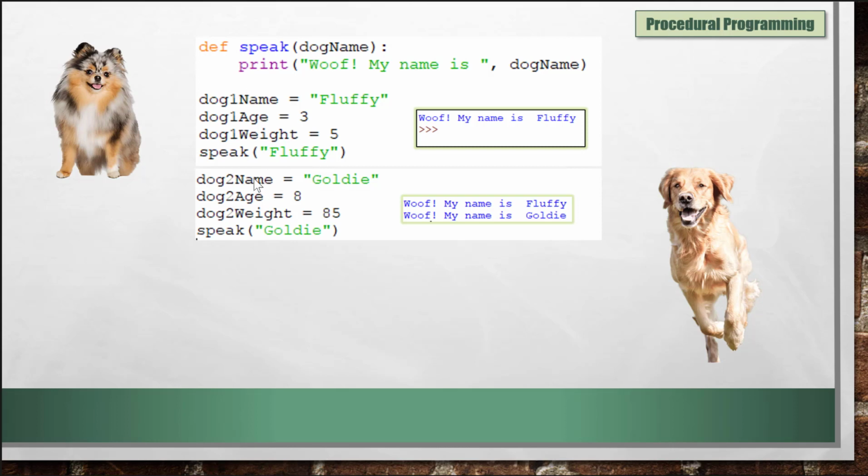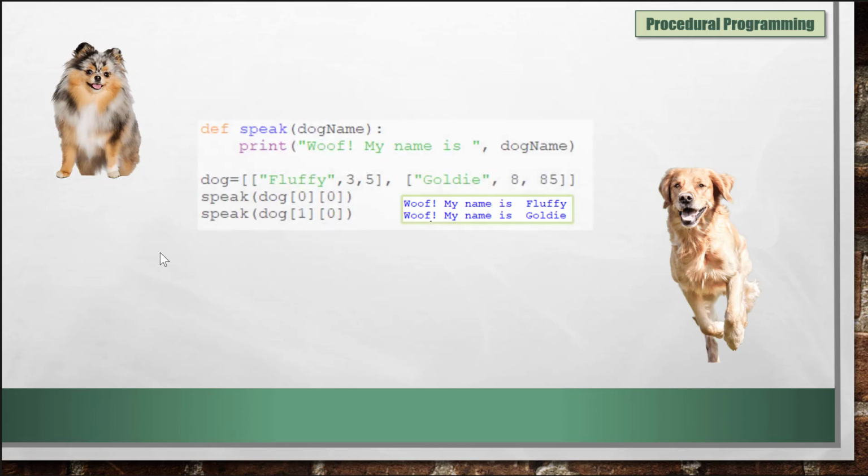These names are completely unrelated, so I could even accidentally spell dog2 NME, which wouldn't be consistent for sure. Dog2 age equals 8, dog2 weight equals. So I'm certainly keeping track of certain properties or characteristics that define each of these dogs, but I have to declare lots of different variable names that are really unrelated to each other to maintain all the individual data for both of those dogs. That's fine. That's what we've done. It's been working.